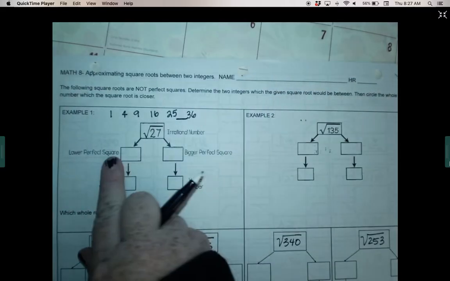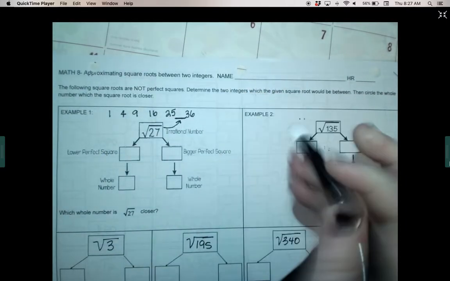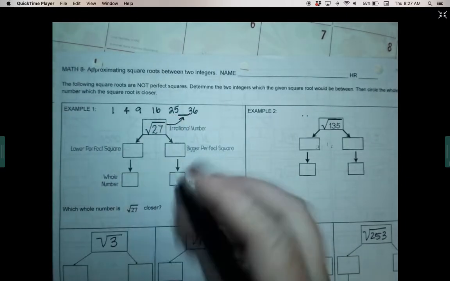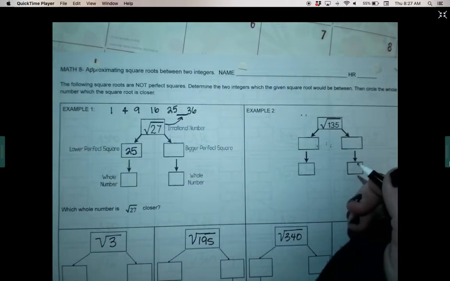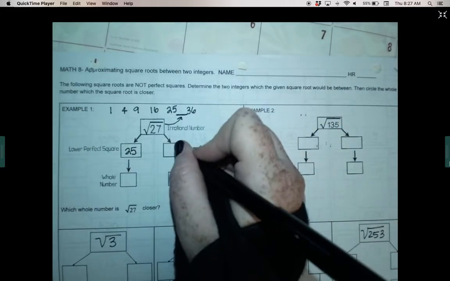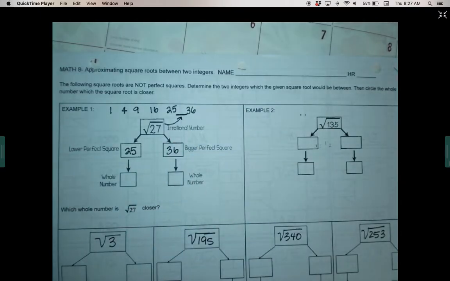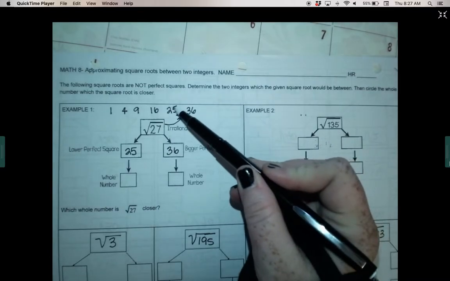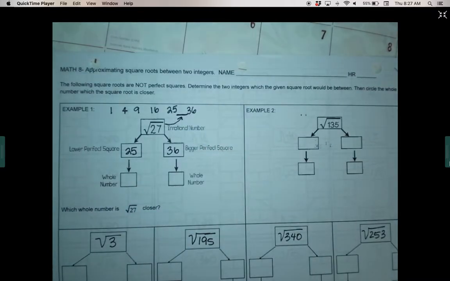My lower perfect square is 25. My higher perfect square is 36. Because it fits between here, so it's between 25 and 36. Does anyone have a question about where I got that information?